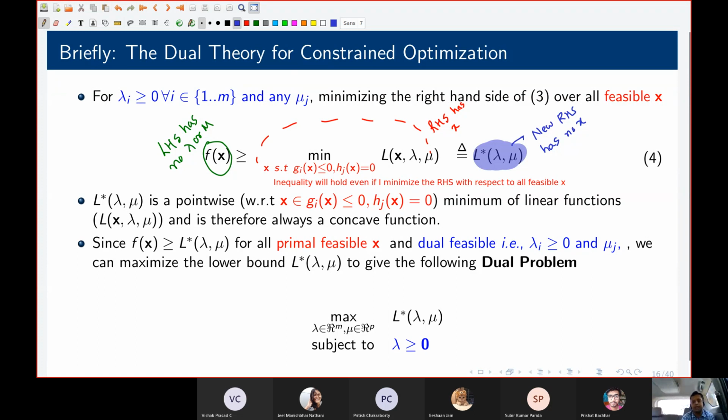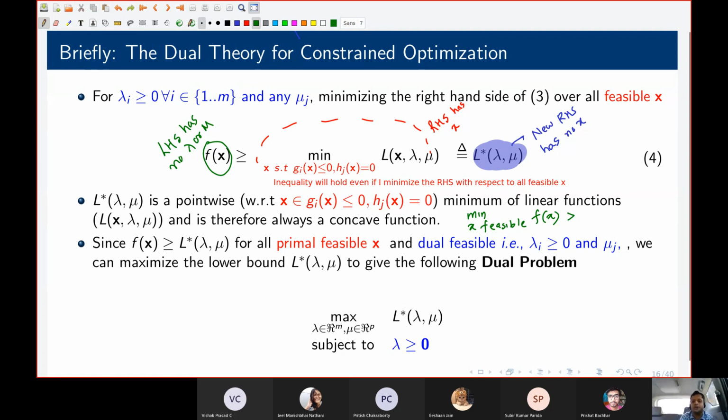So the idea is that you would still have min over x feasible. Okay, you'll have to keep saying x feasible. Well, do you have to say x feasible? Maybe it's a question for you. Min over x feasible certainly, but should it be min over all? Let's think about it.